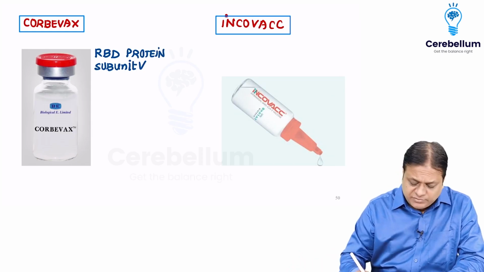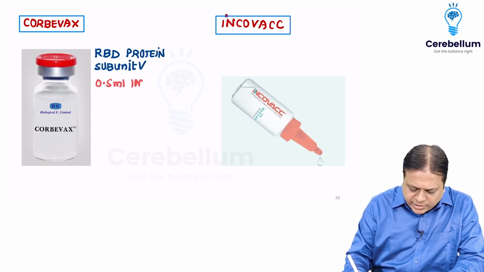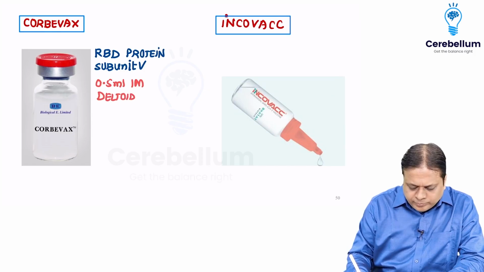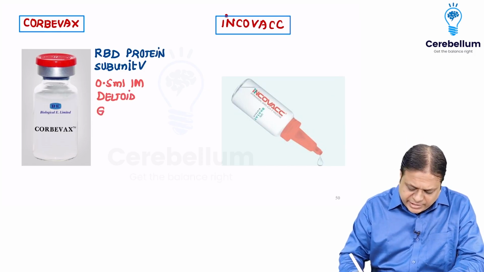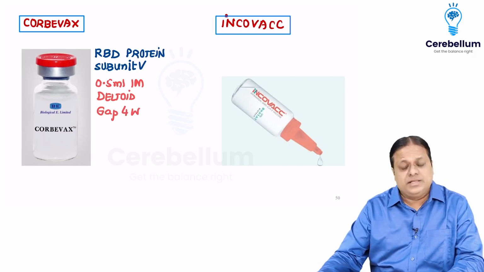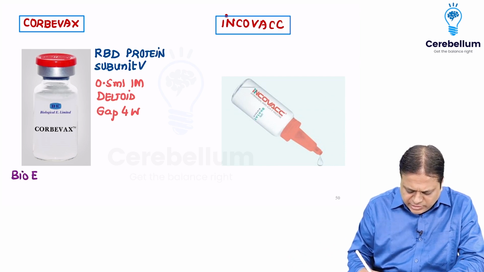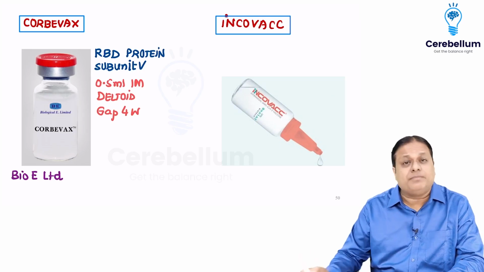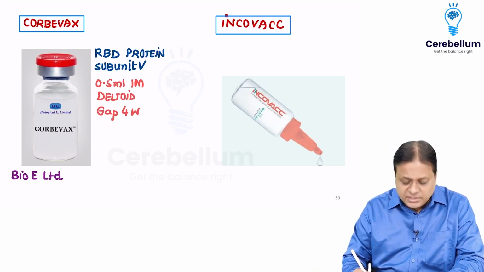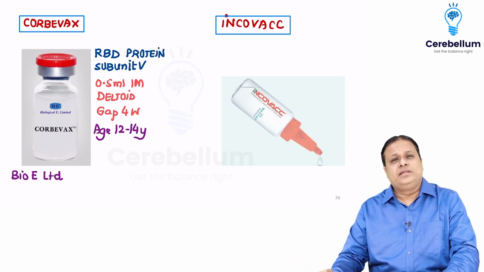This vaccine is given in a dose of 0.5 ml intramuscular deltoid. The gap to be maintained is 4 weeks between the two doses. This vaccine, which has been developed by Biological E Limited, Hyderabad, has to be given in the age group 12 to 14 years in the country.